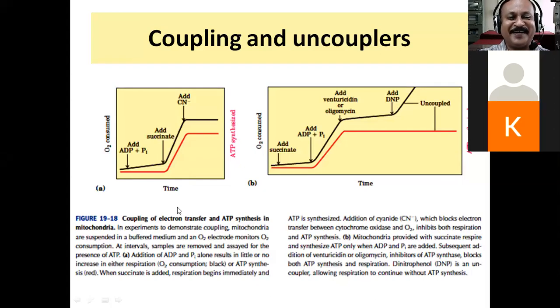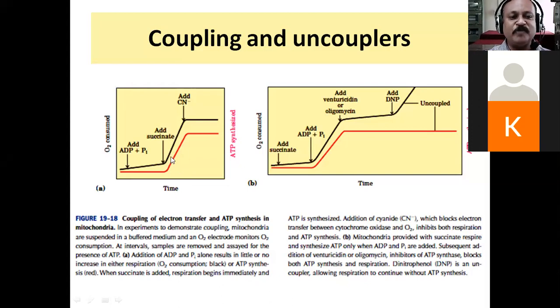No. So what I'm saying here is the moment we add succinate, oxygen is going to be consumed. Why is oxygen going to be consumed? Because you are adding electrons. The electrons will go through the electron transport chain. It will go to oxygen. Oxygen will be converted to water.